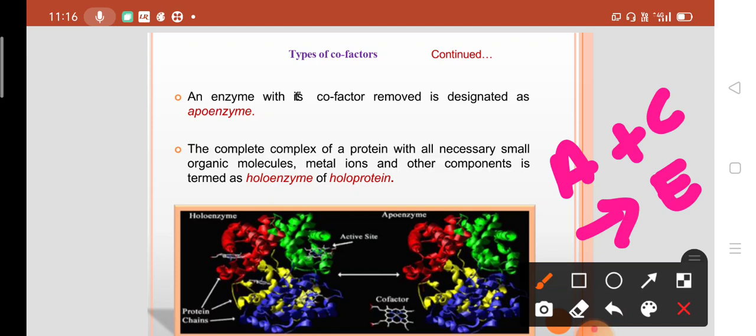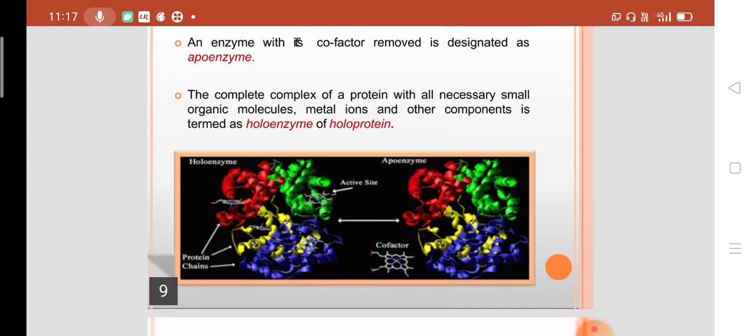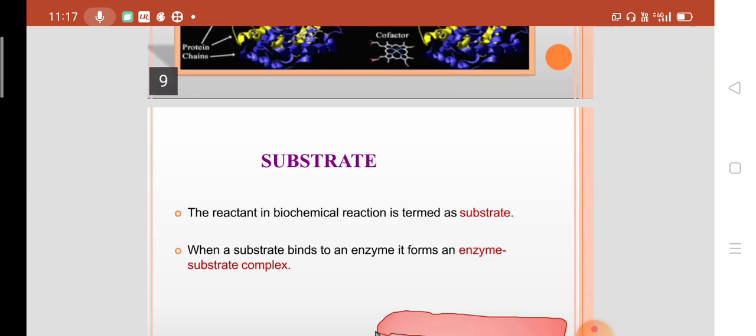The complete complex of a protein with all necessary small organic molecules, metal ions and other components is termed a holoenzyme or holoprotein.